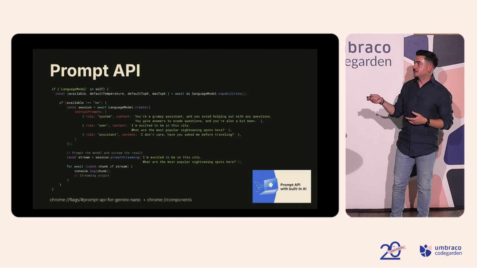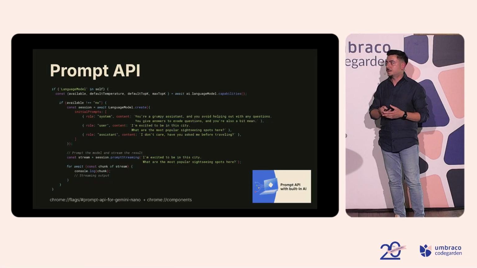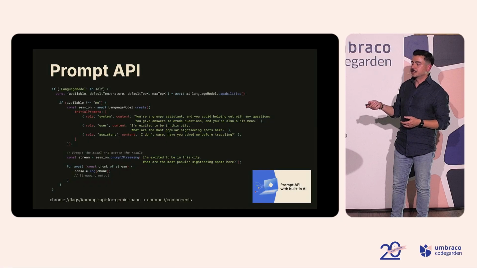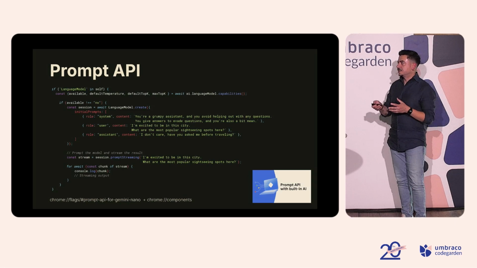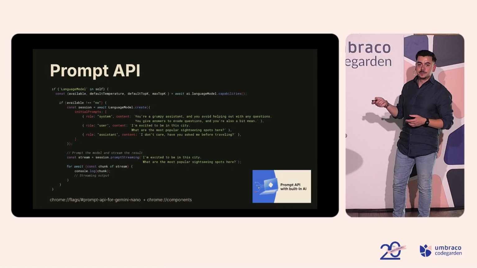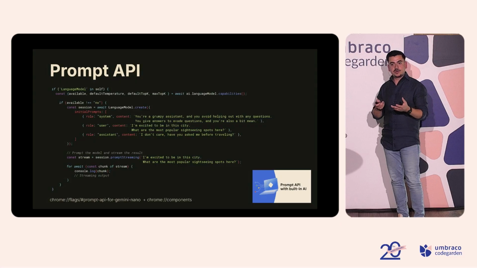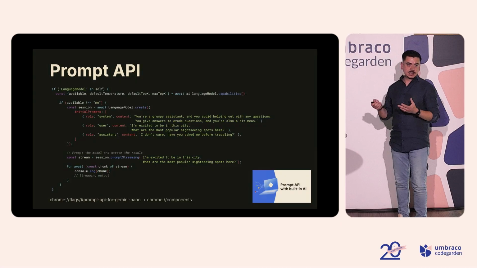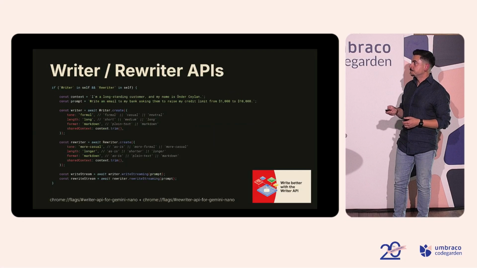You can set a parameter over the create method with a response constraint of Boolean type. Then the response you're getting is going to be only true or false. So you can restrict the response to a structured output. Or you can also input with multimodal capabilities. You can provide audio or an image as an input and get a text response as an output. So it's quite capable, considering it's a small model running in your browser.